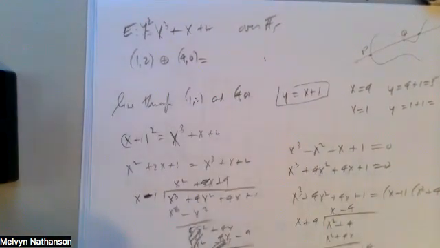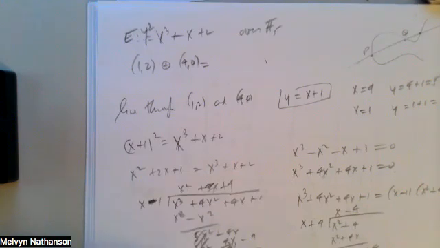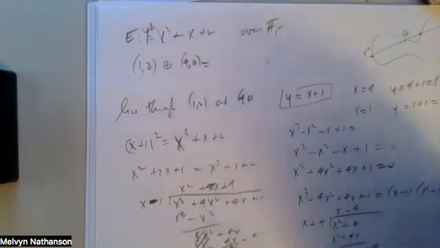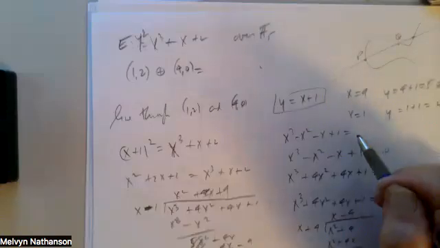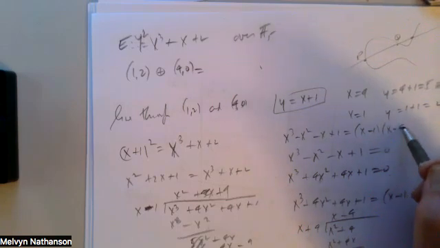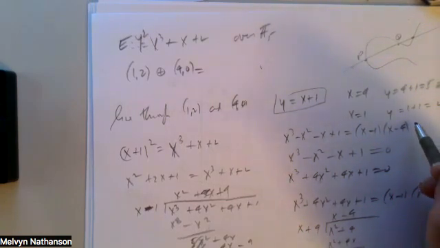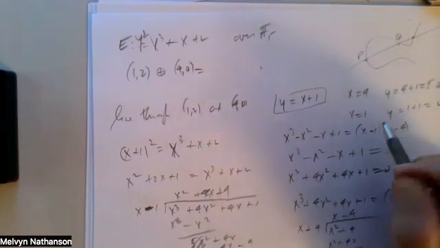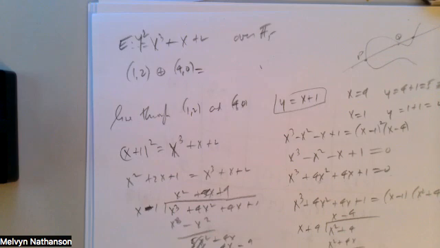So x cubed minus x squared minus x plus 1 is equal to x minus 1, x minus 4, x plus 4, which is x minus 1 squared. So we have the double root.